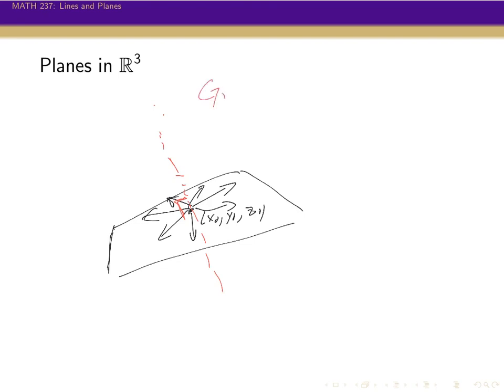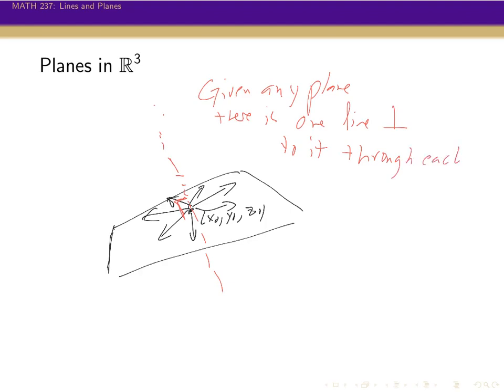So given any plane, there is one line perpendicular to it through each point. So rather than thinking about directions on the plane, it's going to make a whole lot more sense to think about directions that are perpendicular to the plane, right?